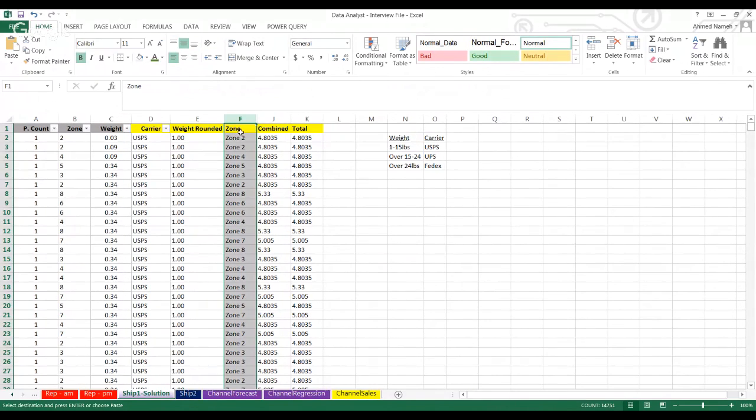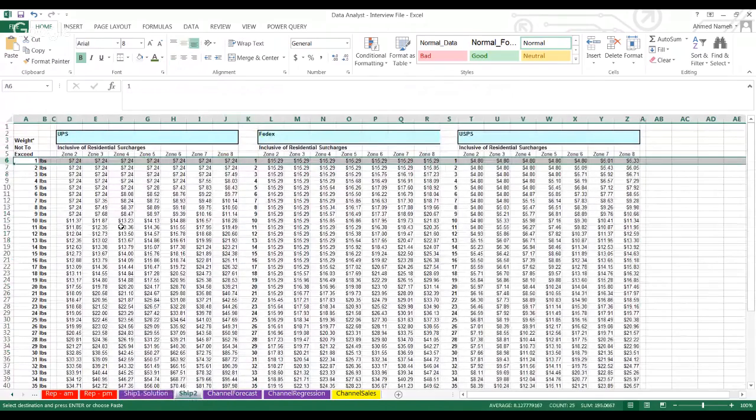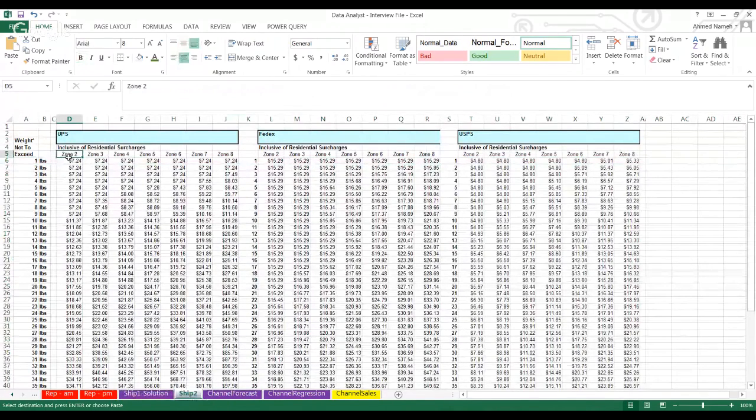This column right here, column F, is a column I put together, again, for the sake of using a formula to pull in the appropriate rate figures. So if you look here, the terminology that's used is zone 2, zone 3, zone 4, zone 5, so on and so forth.